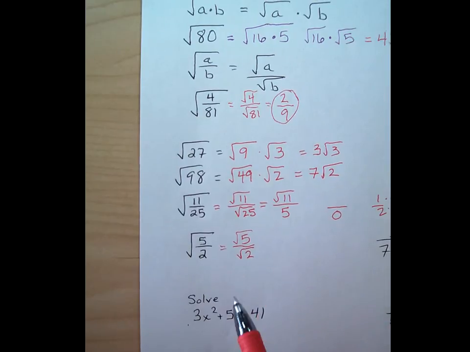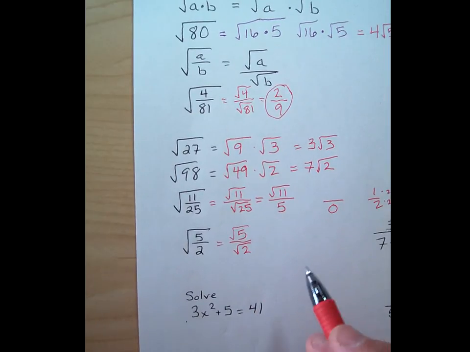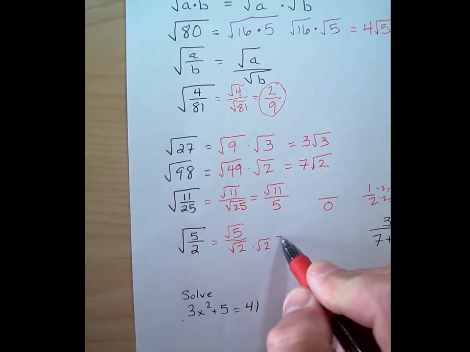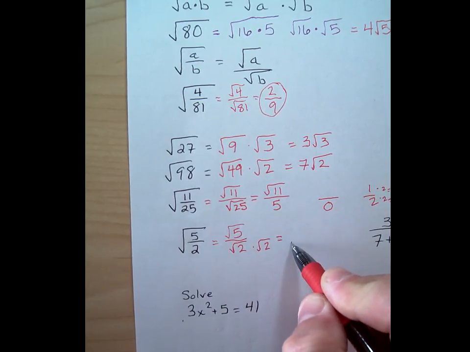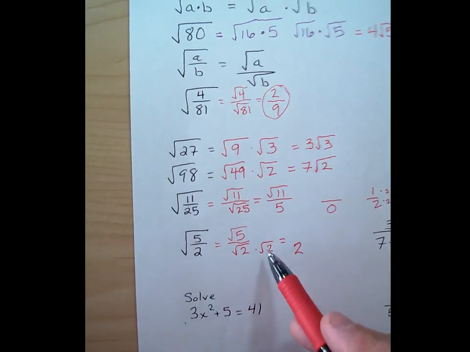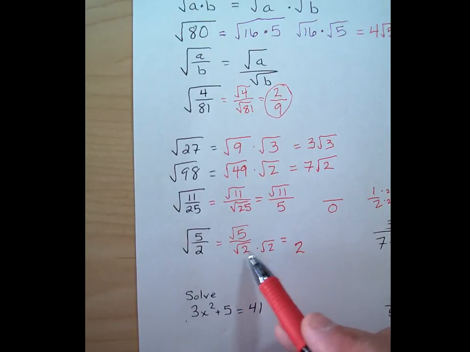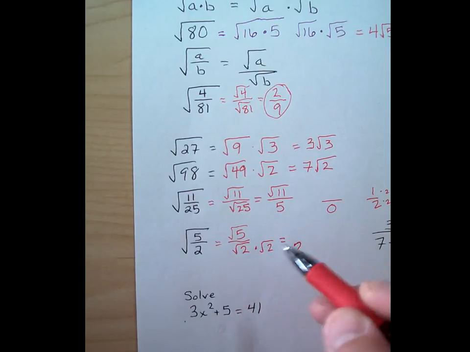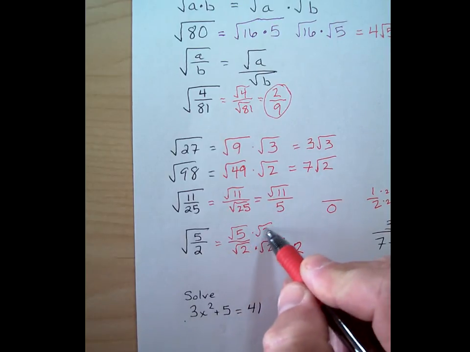Anybody know what radical 2 times radical 2 is? That gives me radical 4, which is perfect. If you multiply two radicals and it's the same inside the radical, you get that value. What you do to the bottom, you have to do to the top.